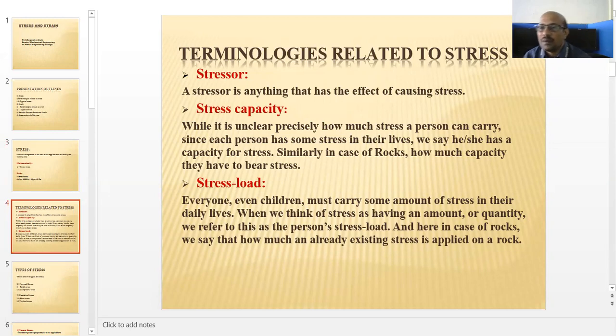Suppose that one person has purchased a vehicle and has not invested his own money, but taken a loan. If he is unable to pay that loan, he goes under stress. Or take a farmer. Whenever the crop comes, that amount has to satisfy his regular expenditures.